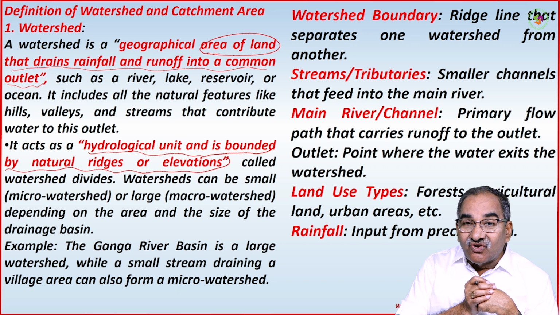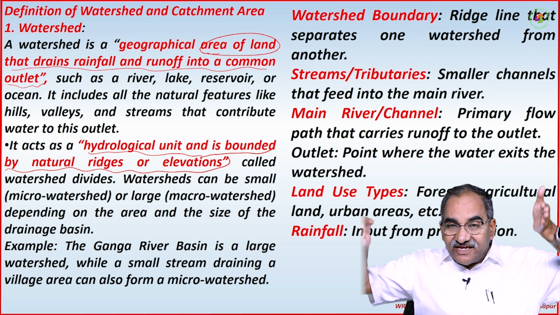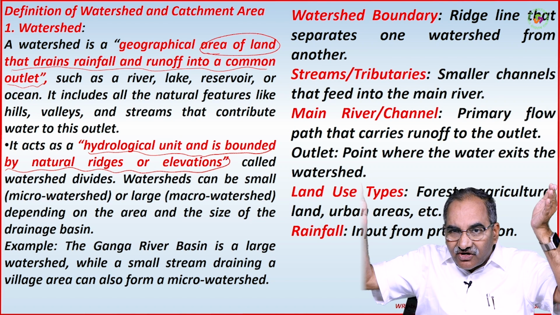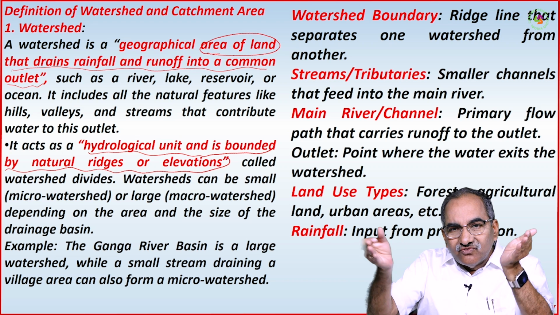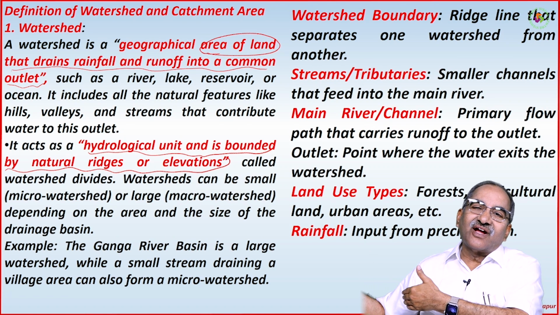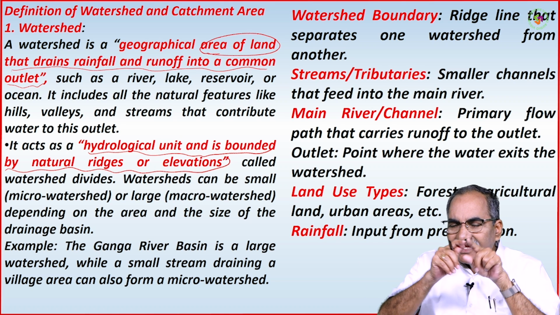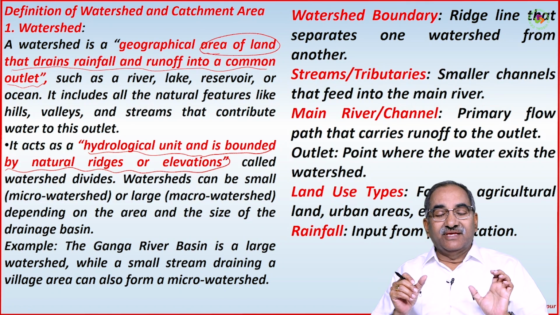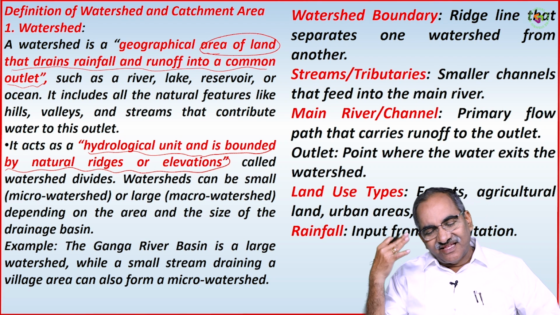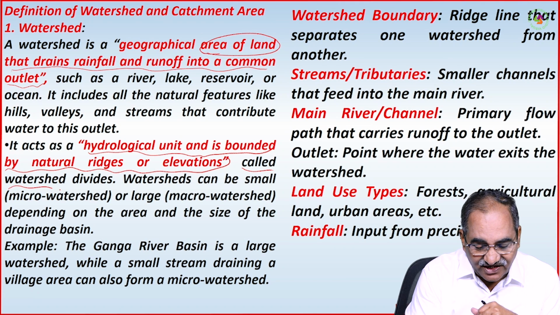Watershed line is also called ridge line. The ridge line is at the highest elevation, and from that highest elevation towards the lower level, towards the valleys, the water flows and finally reaches the common outlet. That's why any watershed has to be bounded by natural ridges, or elevation. And these lines are called watershed lines.